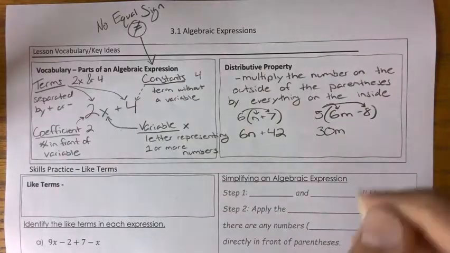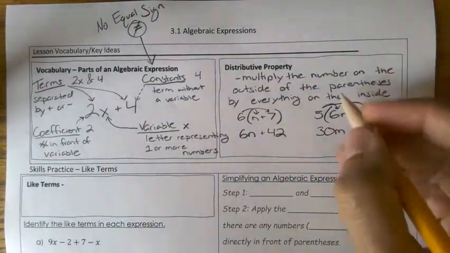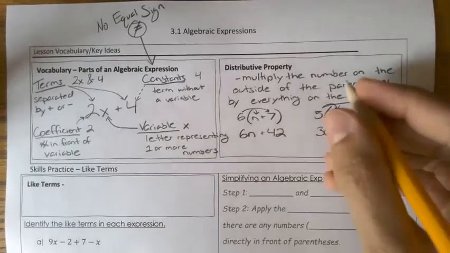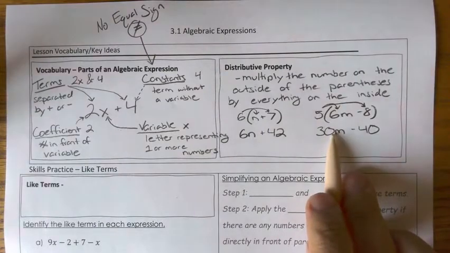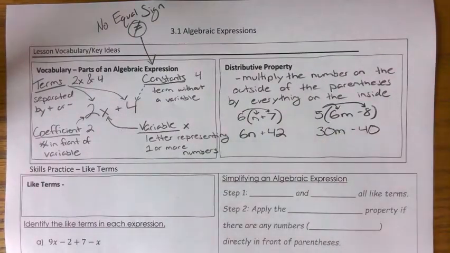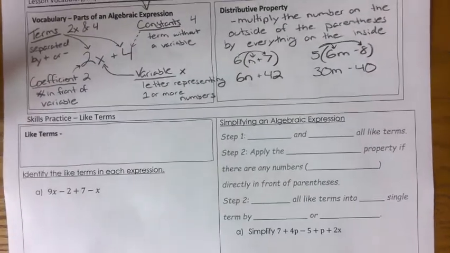The m just comes along. You multiply the coefficients. 5 multiplied by negative 8, that'd give us negative 40. So there's the simplified version, 30m minus 40. And that's really going to help us with our next few lessons where we have to start solving things. That's when we get to equations, though. So let's go down here and take a look at some examples.